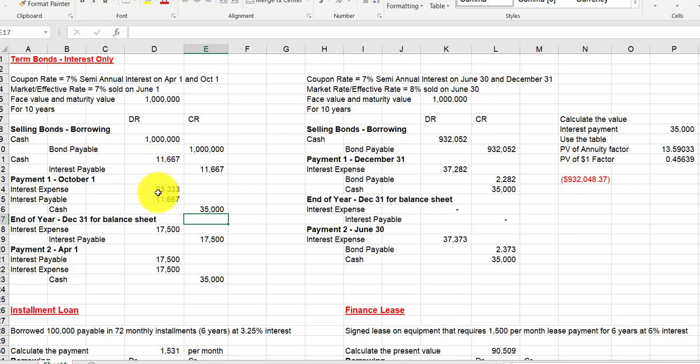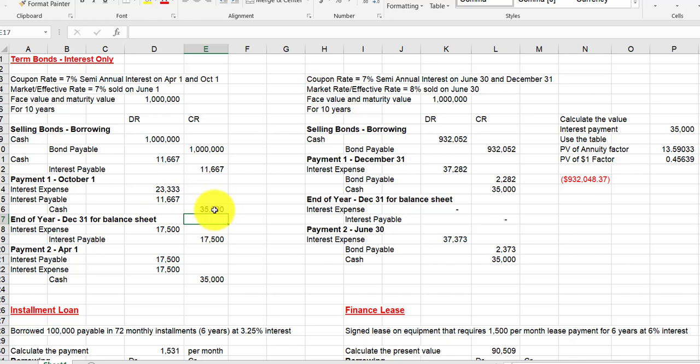So on the first payment, which would happen on October 1st, we would pay back their interest payable, this $11,667. So now we're even with the lender, and we're going to pay them the other interest expense for, you'd say, June, July, August, and September, 4 months.